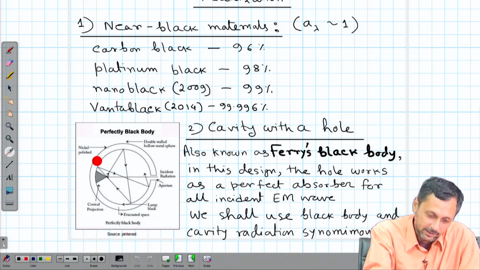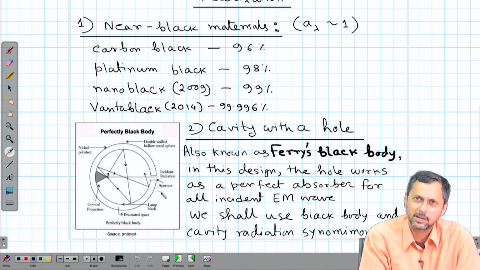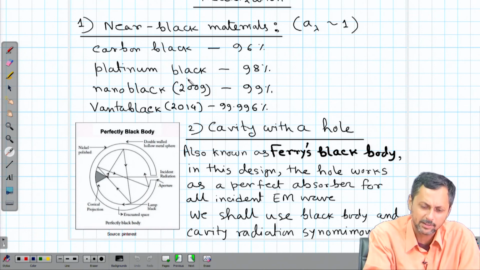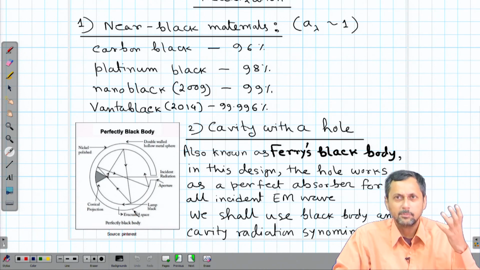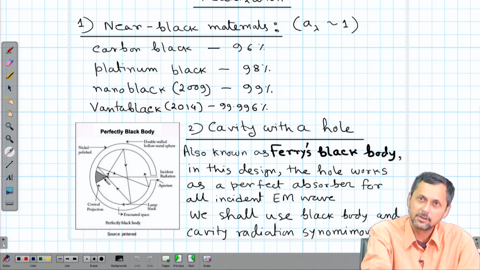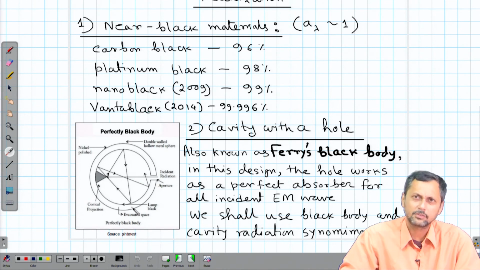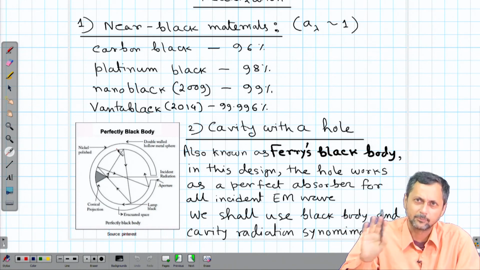Now, the inner side of the cavity is coated either with carbon black, which is lamp black, carbon black is essentially the same thing, or platinum black, which will keep absorbing a high percentage of light on every reflection, and eventually after five, six, seven, eight reflections, almost everything, 99.99%, is absorbed.